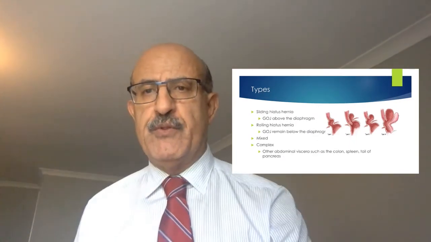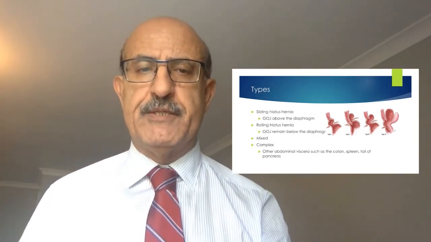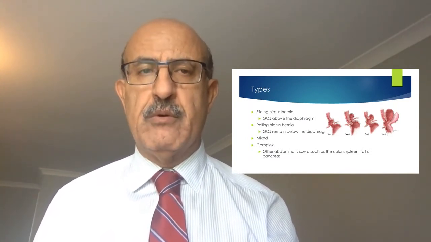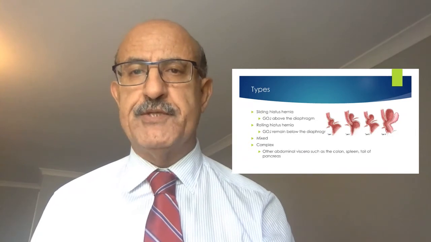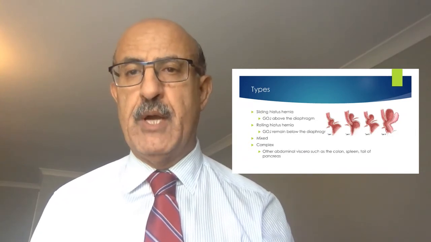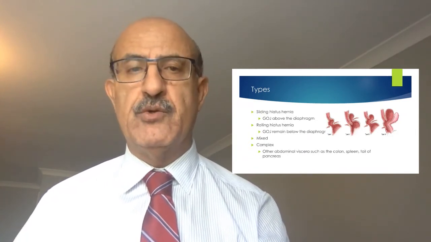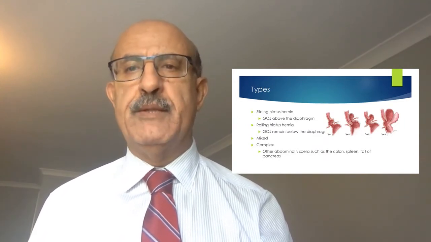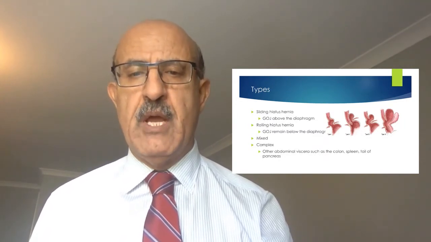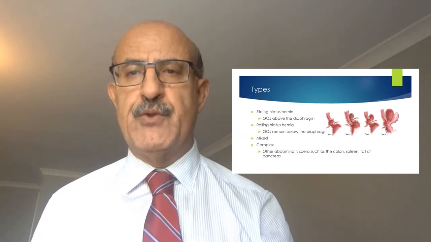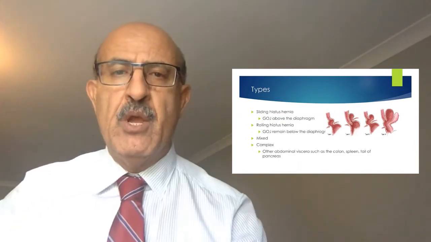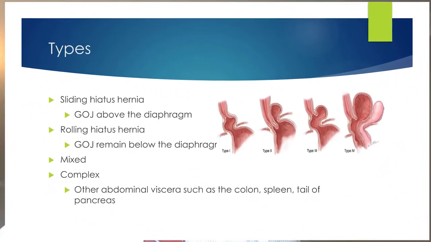It's important to know the types of hiatus hernia, and there are generally four types. This is all dependent on the position of the gastroesophageal junction and what viscera have herniated through the hiatus into the posterior mediastinum of the chest.